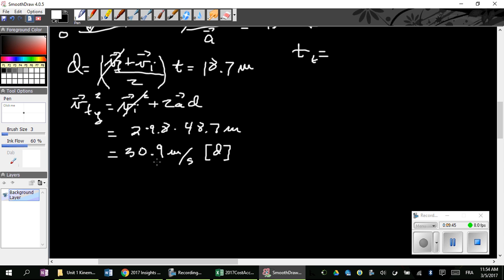Use equation 1. Use equation 2. So I know V final, so I can use equation 2. So I get V final equals V initial plus at, isolate t, divided by a.